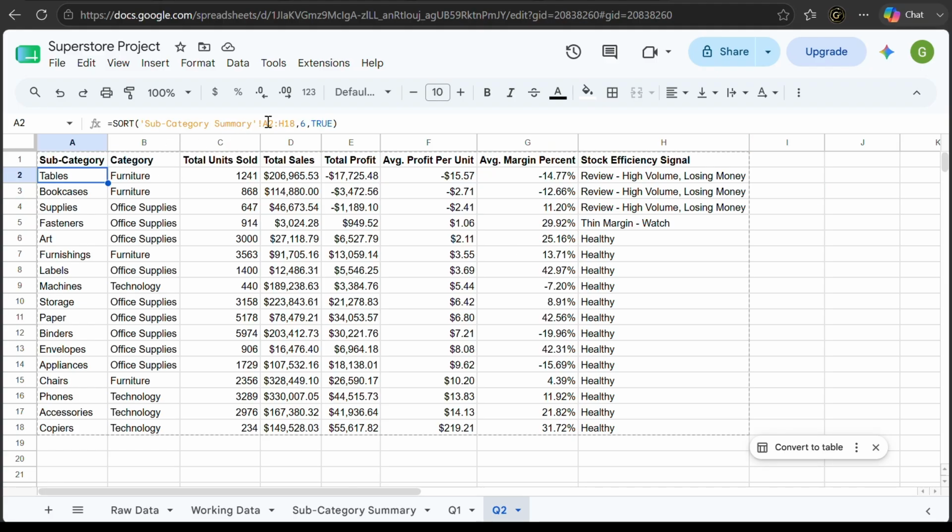That's because of this formula: we pick the range A2 to H18 and sort by column 6, which is the average profits per unit.